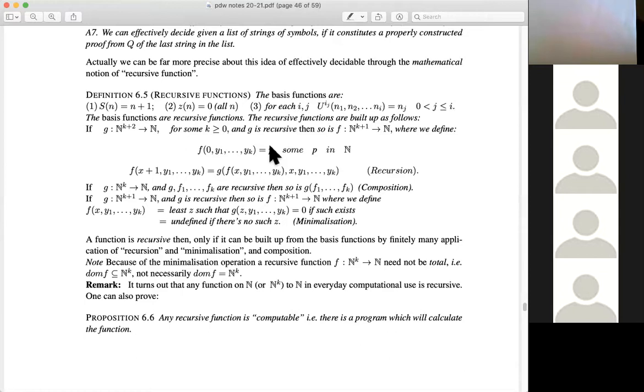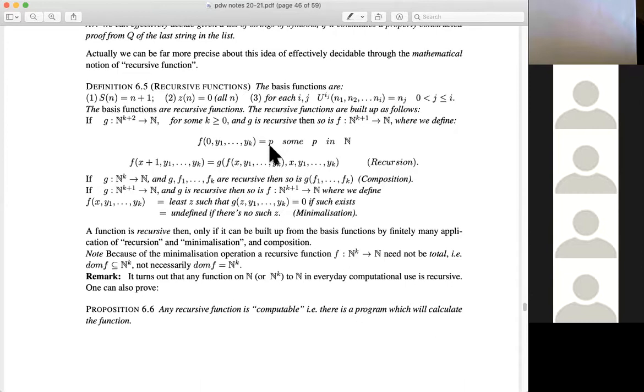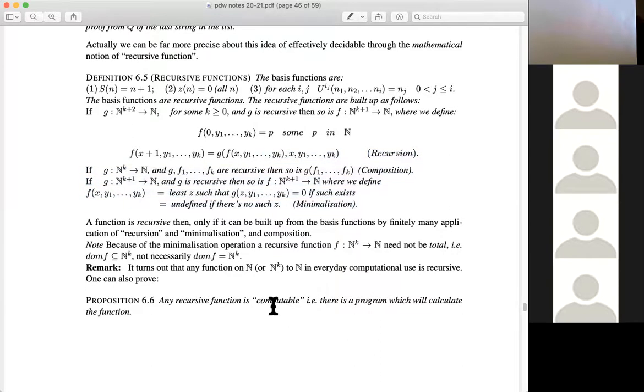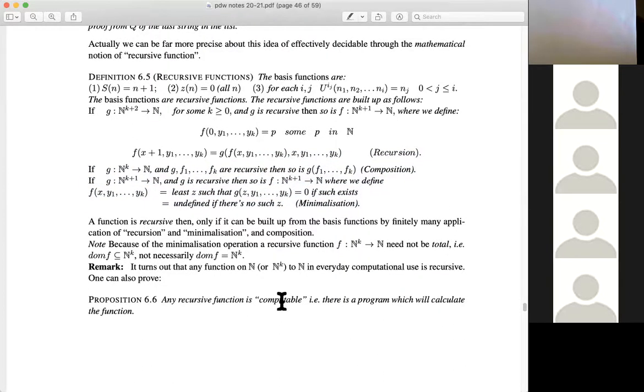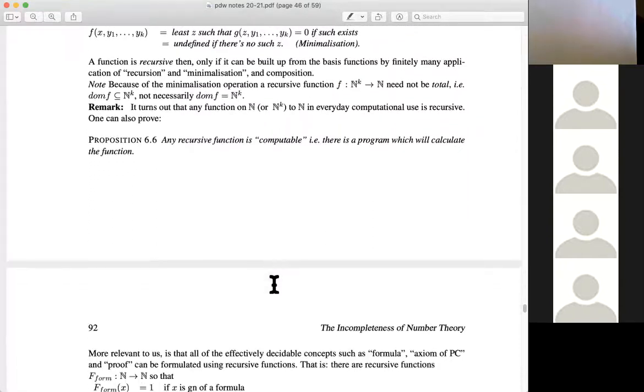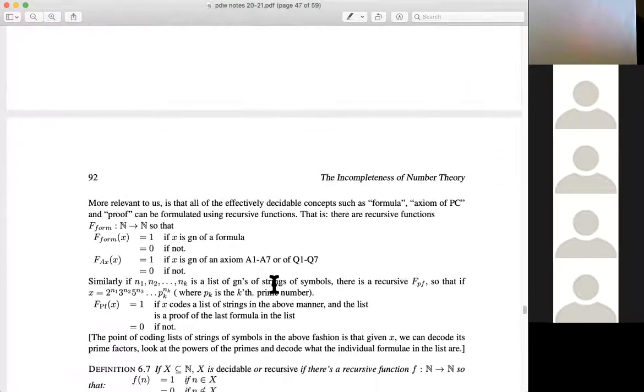How these things are built up is not too important for us. But the idea is that this is a mathematical idea. And it turns out that any of the recursive functions that we can think of, we can program. And nobody's been able to think of a definition of computability whereby it computes a function that's not recursive. So these seem to be the same kind of thing.